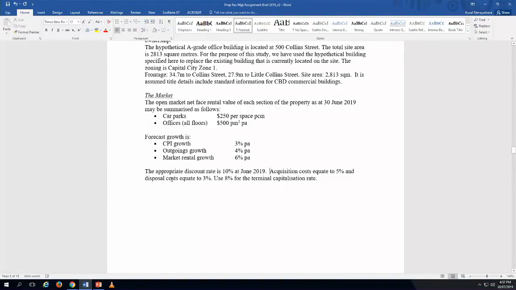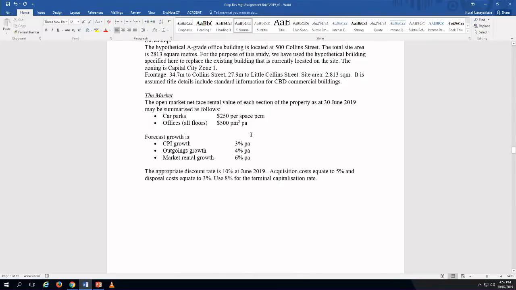Disposal cost means sales cost. When you sell the building, there are costs involved, so that would be around 3% of the sales price. And use 8% for the terminal capitalization rate. So the terminal cap rate will be 8%.